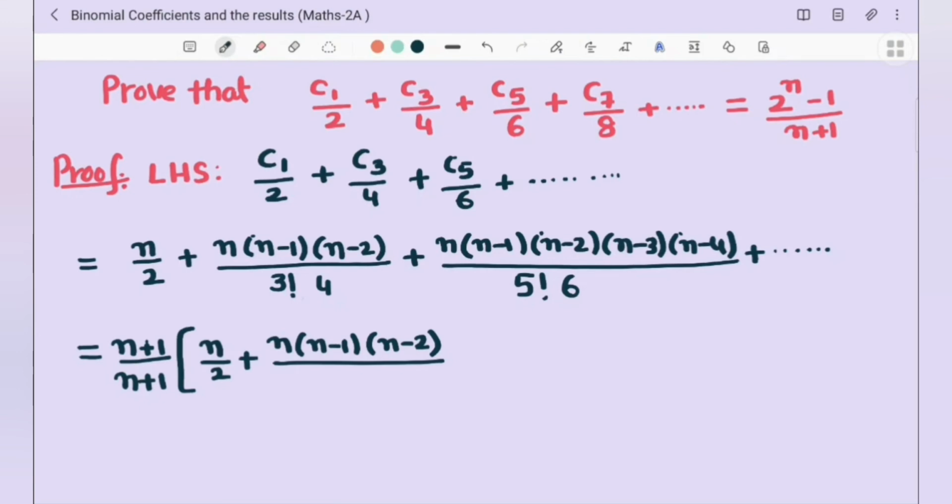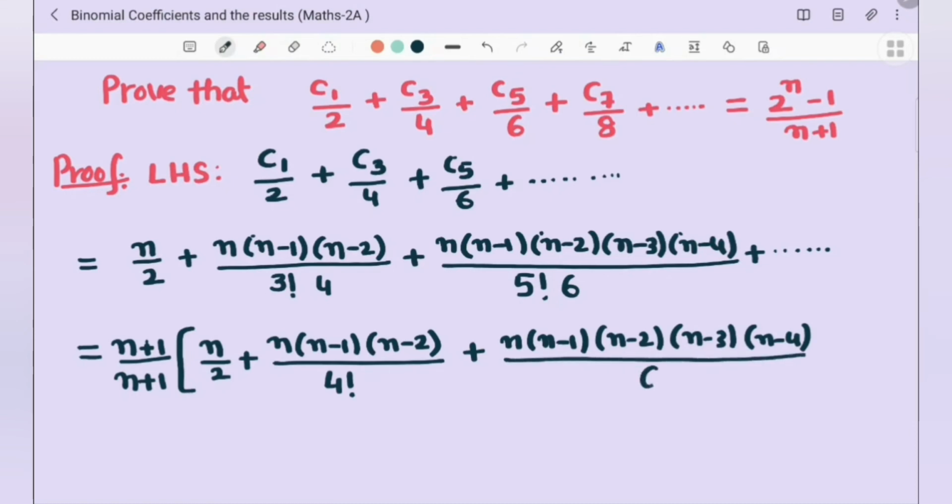So 3 factorial into 4 can be written as 4 factorial, and 6 into 5 factorial can be written as 6 factorial. n into n minus 1 into n minus 2 into n minus 3 into n minus 4 divided by 6 factorial plus and so on.